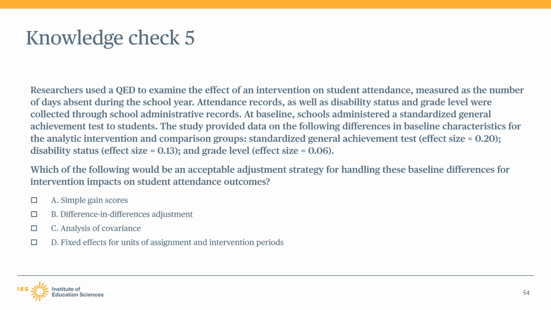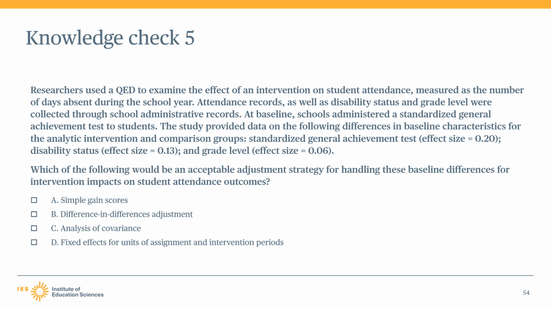The study provided data on the following differences in baseline characteristics for the analytic intervention and comparison groups. The baseline mean difference effect size on the standardized general achievement test was 0.2 standard deviations. It was 0.13 for disability status and 0.06 for grade level.